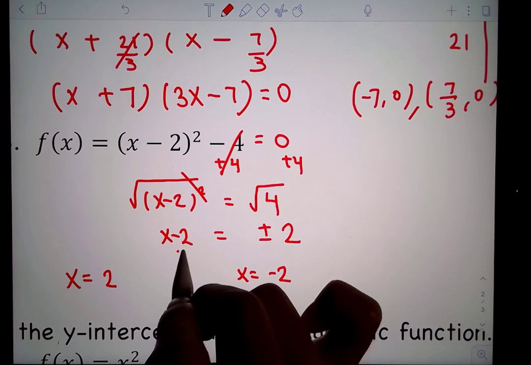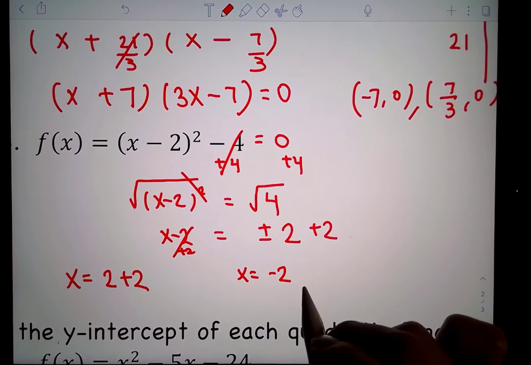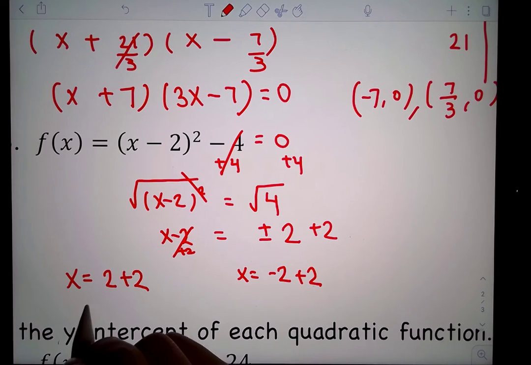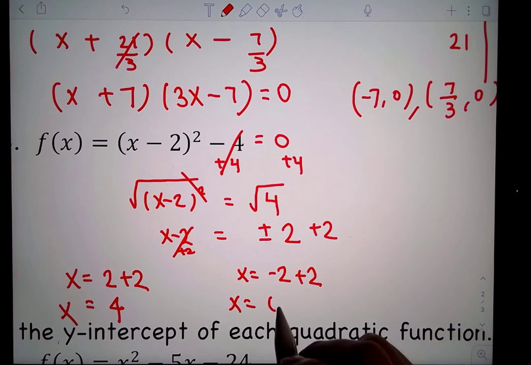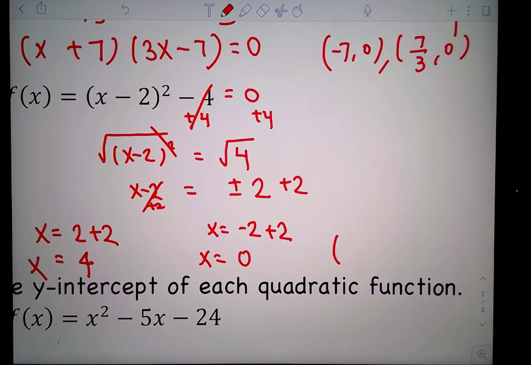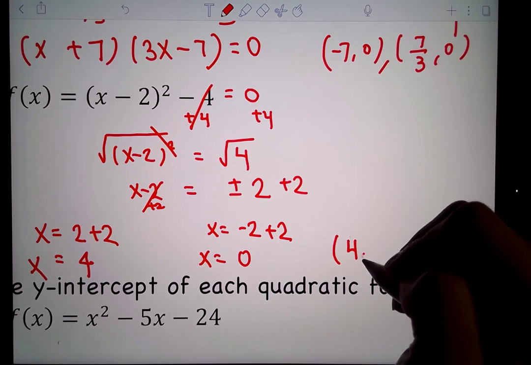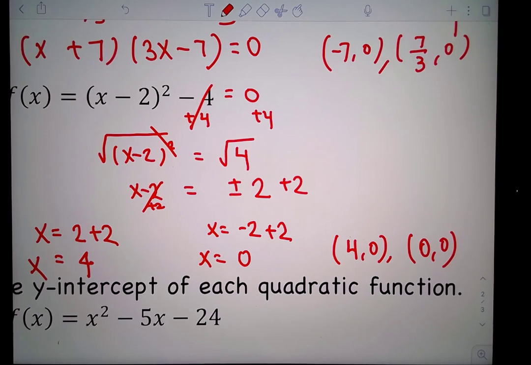Plus 2 for each, right? Plus 2. So it will be plus 2 and plus 2. So your zeros are 4 and 0, right? So my x-intercepts, I want to write in coordinate pairs. So 4, 0 and 0, 0, like this.